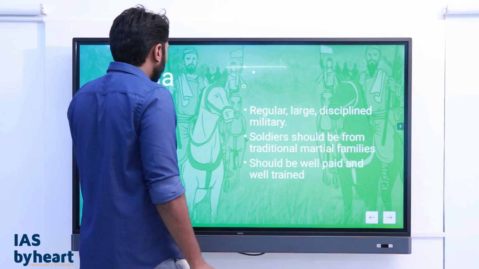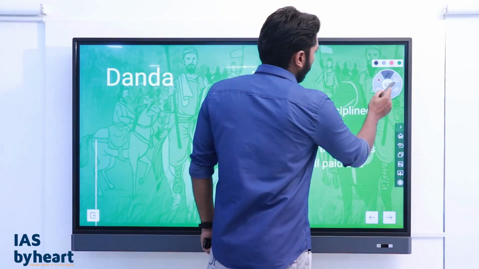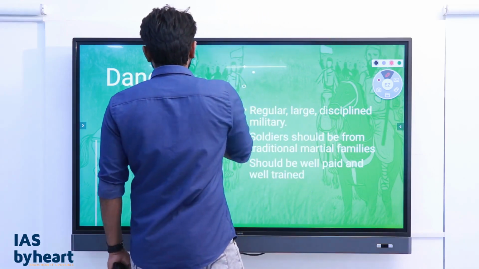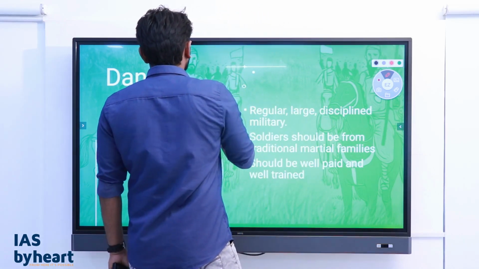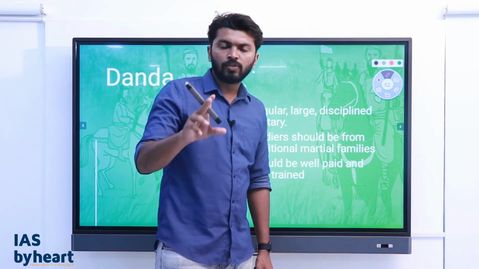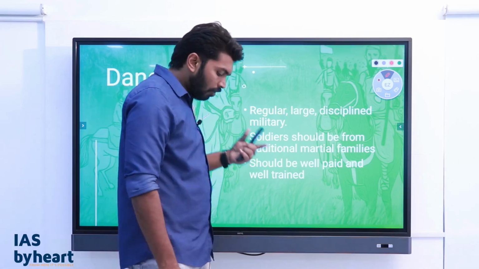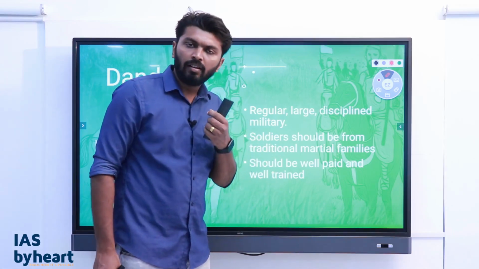And the next one is Danda. What is Danda? Danda is nothing but the army. In order to be a strong state, that state should possess a strong army. That army should be a regular, large, disciplined and well-trained army.